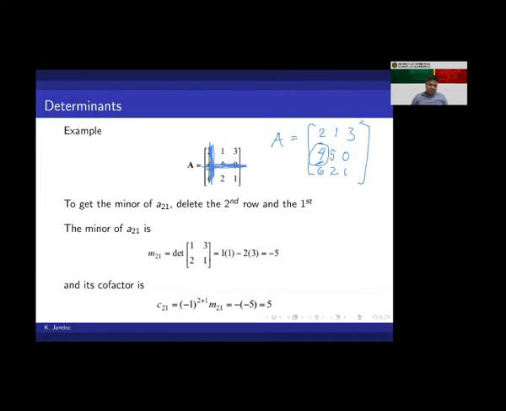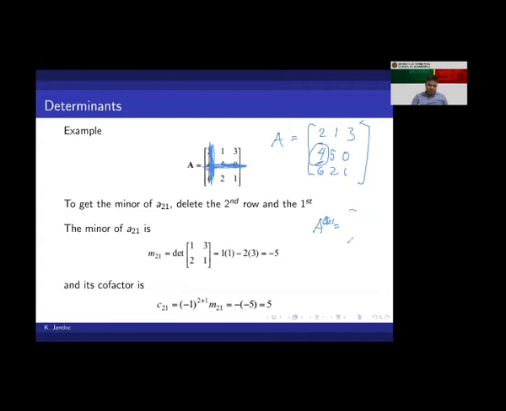Now you have a submatrix. Call it, for lack of a better term, A21, meaning the submatrix associated with deleting the row and column of entry 21.